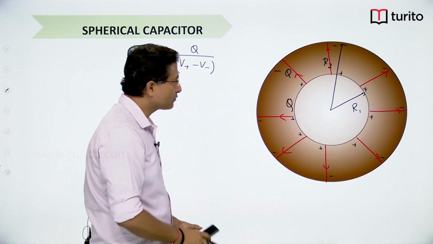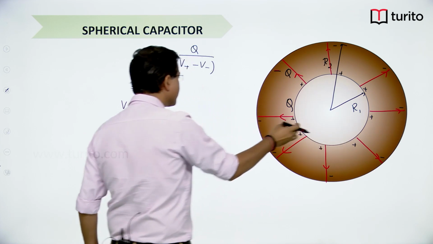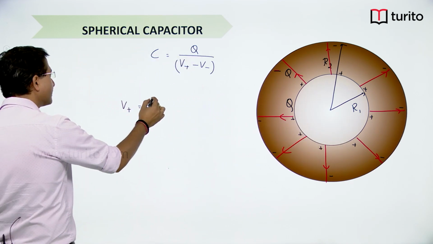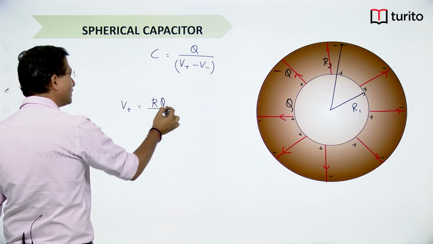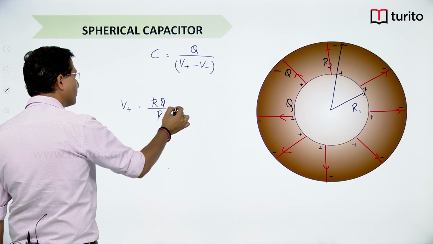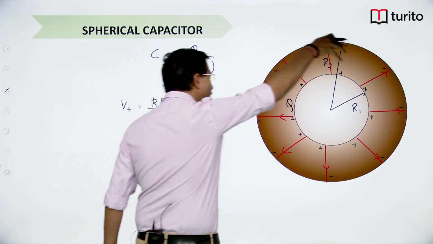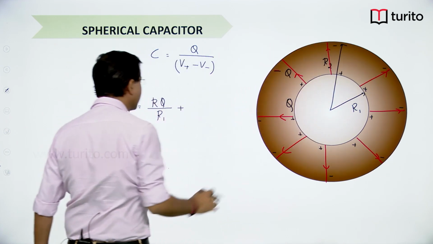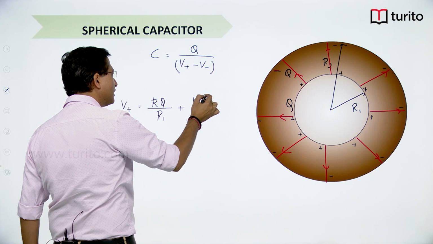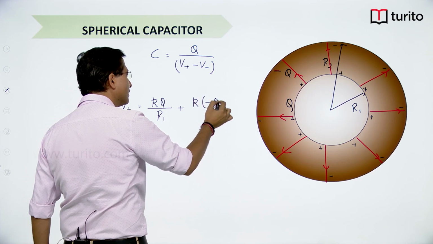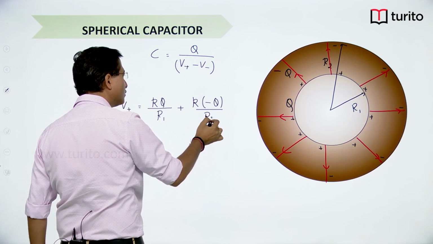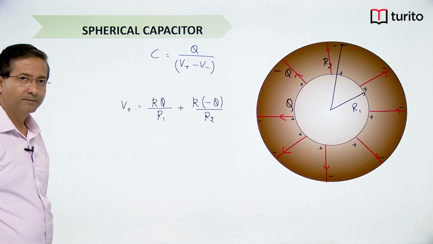What is the potential of this one? Because of its own charge there is potential, I can write kq divided by R1, plus, because of the charge on the inner wall of the outer one there is potential inside, that I write k minus q divided by R2, right.